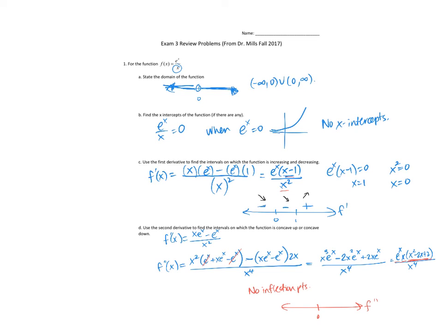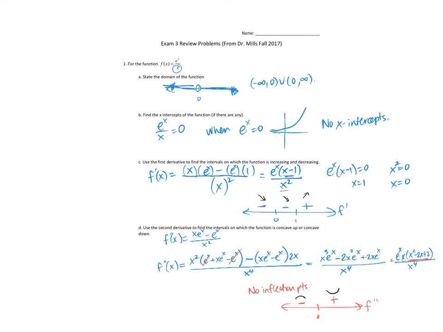I'm getting something negative there. If I plug in something greater than 0, let's say 1, I'll have e to the 1 times 1, and then 1 squared minus 2 plus 1, that's positive, over 1 to the 4th is positive, everything's positive, so I get plus. So f is concave down here and concave up here.